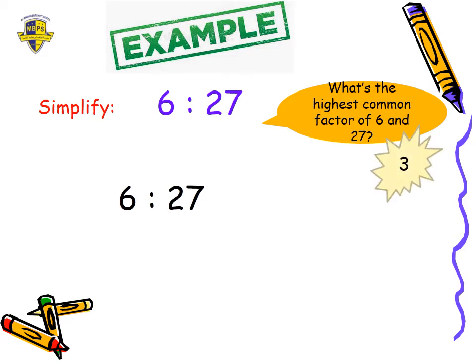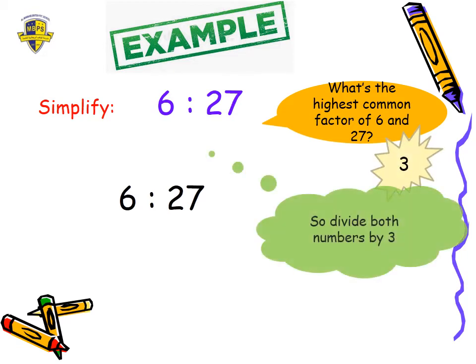The second step, let's divide. 6 divided by 3 equals what? 2, excellent. And 27 divided by 3 equals 9, good. So now the simplest form is 2 to 9.